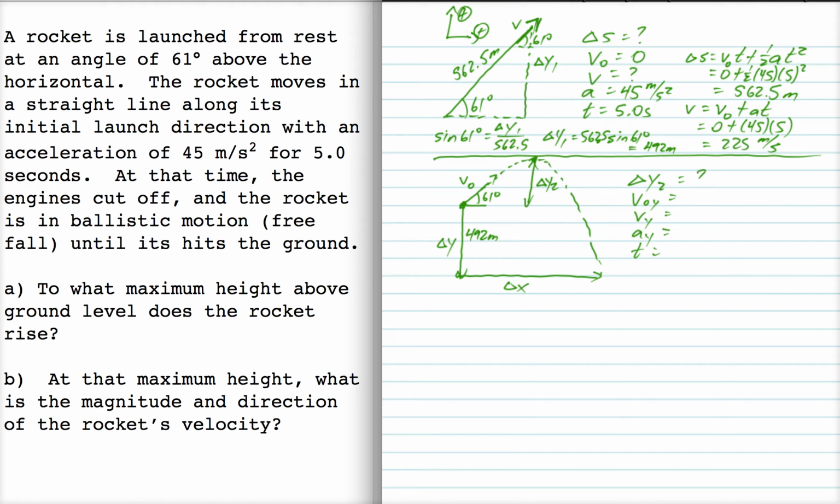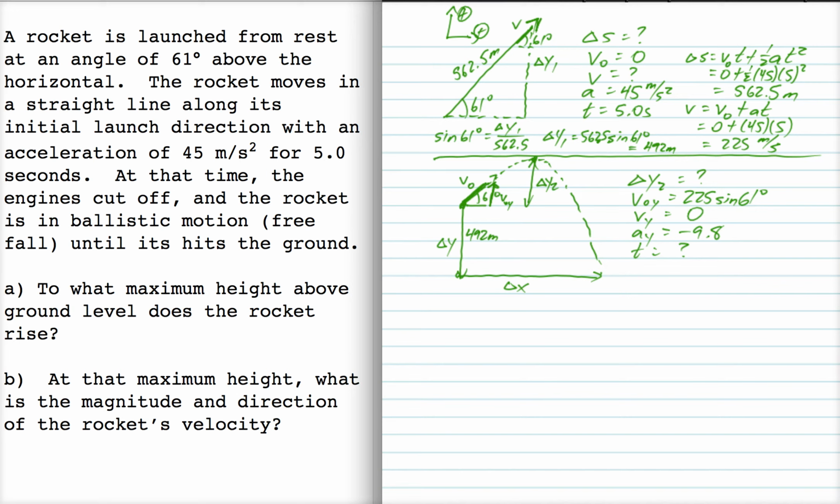So I don't know delta y2. I know v0 y is 225 sine 61, right? Because here's v0, and so v0 y is here. Vy is 0 because it reaches max height, and the acceleration is minus 9.8.